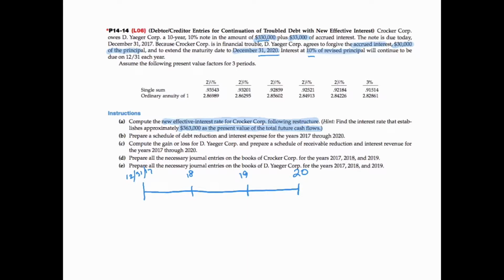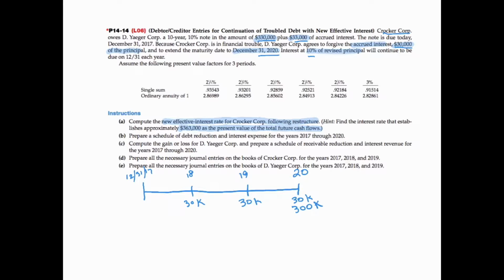We had $330,000, but we take away 30 of that, and we don't have to pay the 33. So we have 10% interest that's going to be $30K here, 30 here, and 30 here, plus we, Crocker Corporation, are going to pay $300K at maturity.